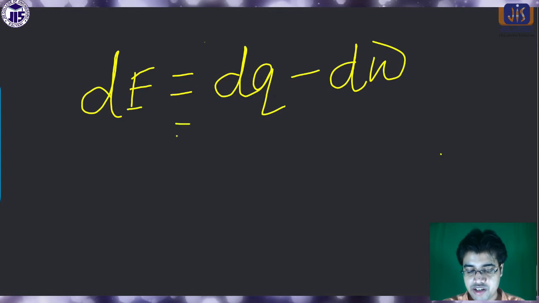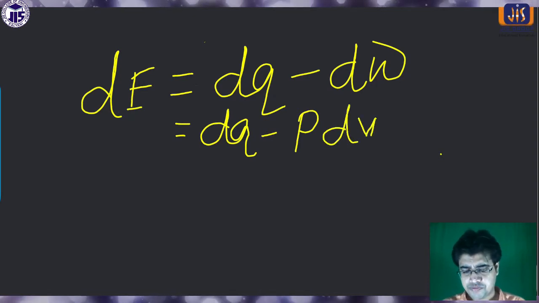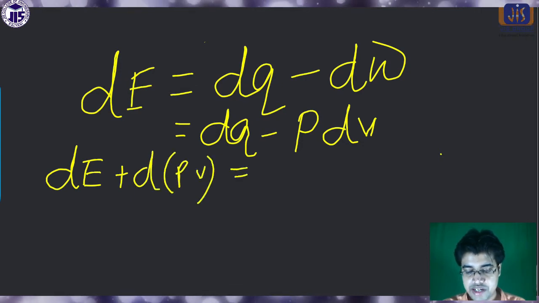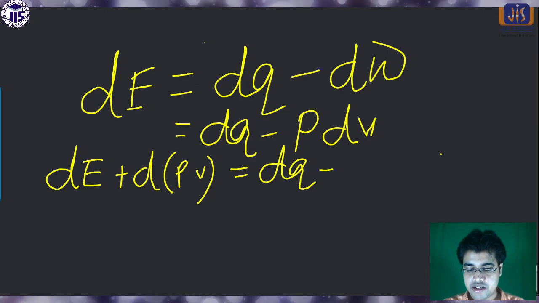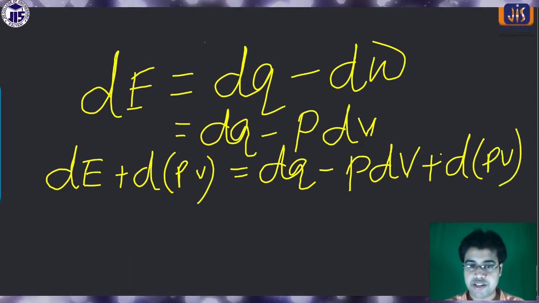Then dq minus dw, where work is P delta V. Now if you add the term PV to both sides, in the left hand side it will be delta E plus d of PV, that equals dq minus P delta V plus d of PV. We can write this.